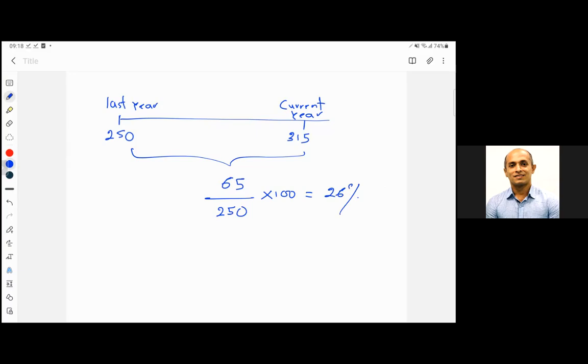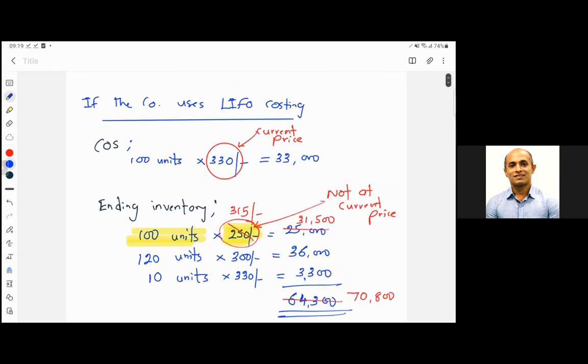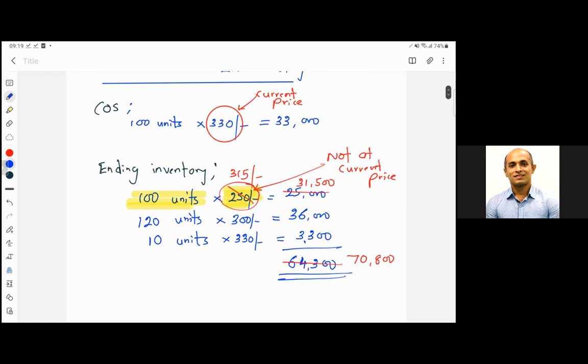So with your other information, you can come to a judgment. So let's say with the other information, you feel 20% is more appropriate, because if you see the stock quantities, it is not the entire stock at the old price.